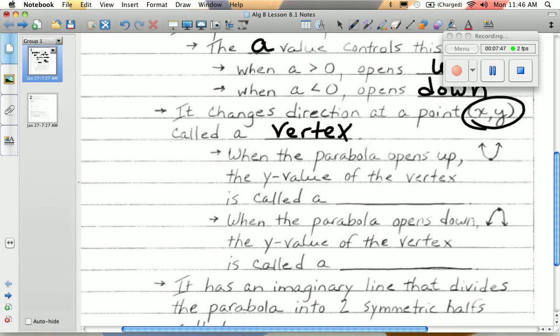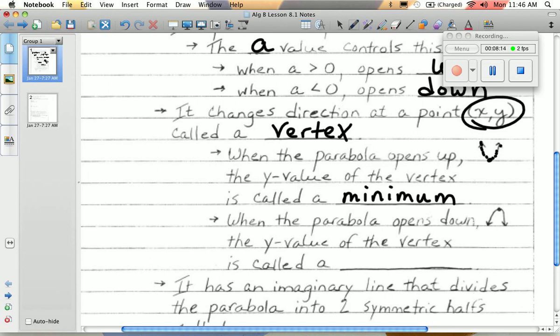It would be the lowest y value of any point on this curve. This one right here, the vertex itself, that would be the smallest y value there is, and we call that a minimum. Which should make sense to you. If you have a job and you're getting paid minimum wage, they can't pay you any less than that, can they? That's the least you can make. That's the smallest amount. Okay.